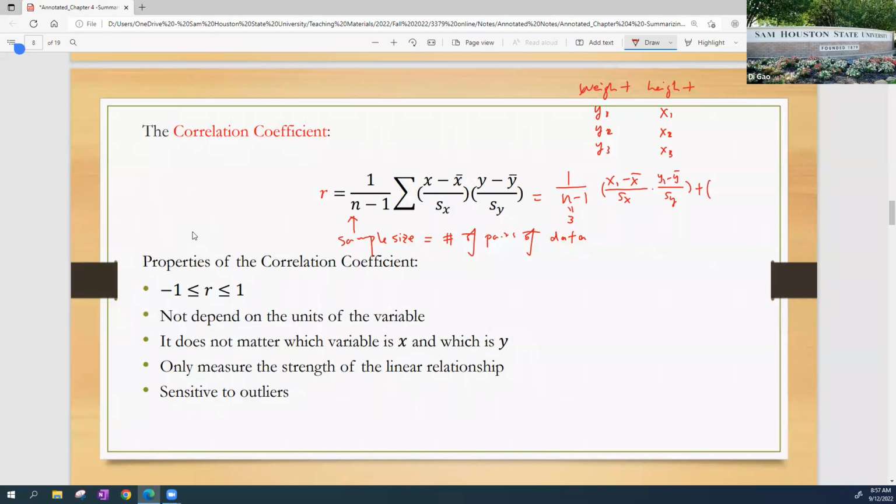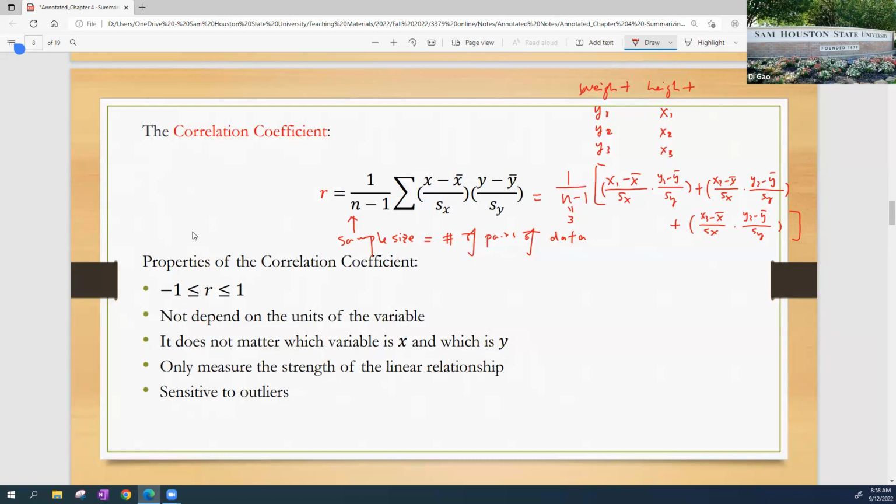So plug in all possible x and then take the sum. That's the summation notation, right? So x2 minus x bar over sx times y2 minus y bar over sy. And the last term, x3 minus x bar over sx times y3 minus y bar over sy. After we list all possible terms, add them together and then multiply by 1 over n minus 1. And for this example, 3 pairs means n equals 3.